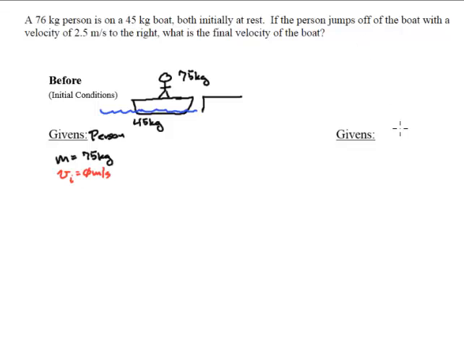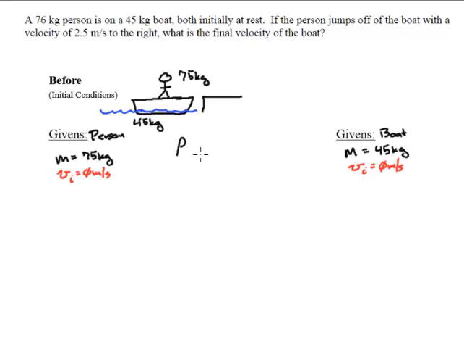On the other side of the equation, I know something about the boat. I know that its mass is 45 kilograms, and its velocity is also 0 meters per second. Well, now I can figure out momentum.